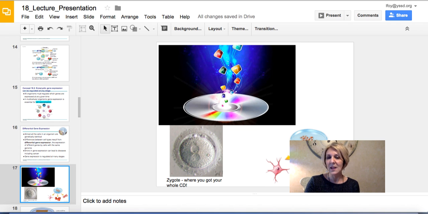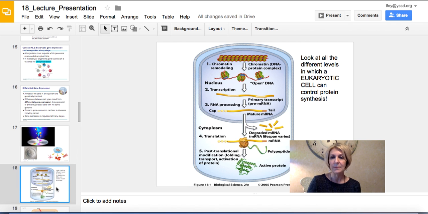Red blood cells only play the particular tracks on the DNA that make the proteins needed to be a red blood cell. Here are muscle cells. They are muscle cells because the genes on the CD are turned on to make muscle proteins, and that is how cells differentiate.